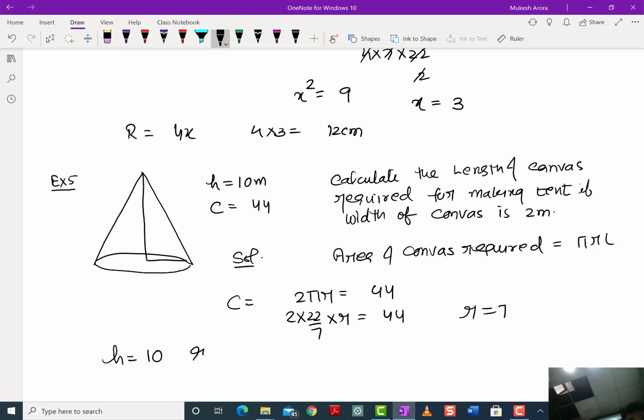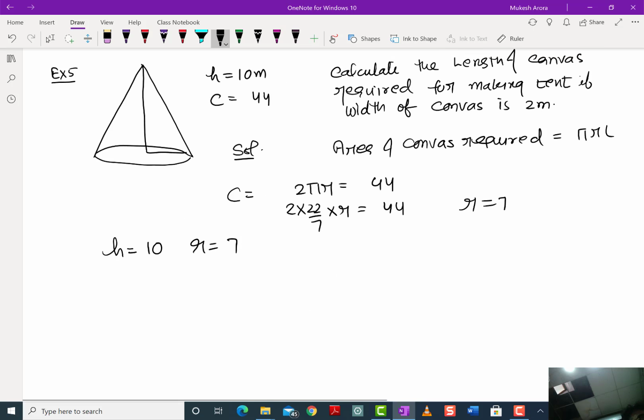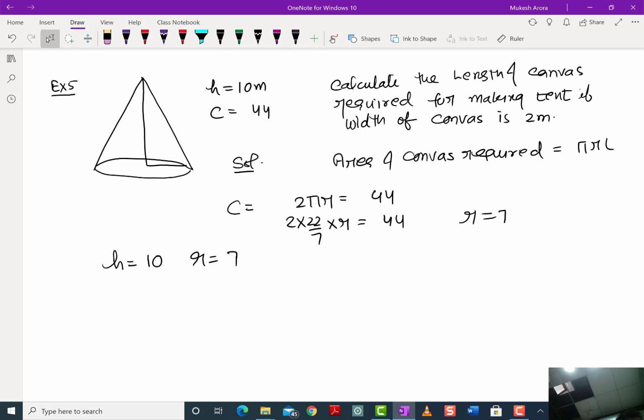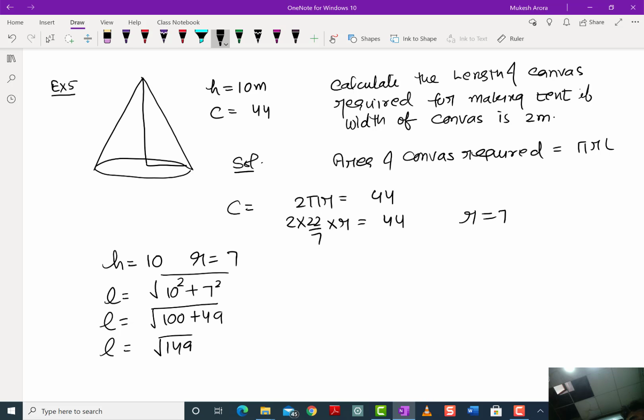H is 10, r is 7. So the slant height L is root of 10 square plus 7 square. L is equal to root of 100 plus 49. L is equal to root of 149, which is equal to 12.21.